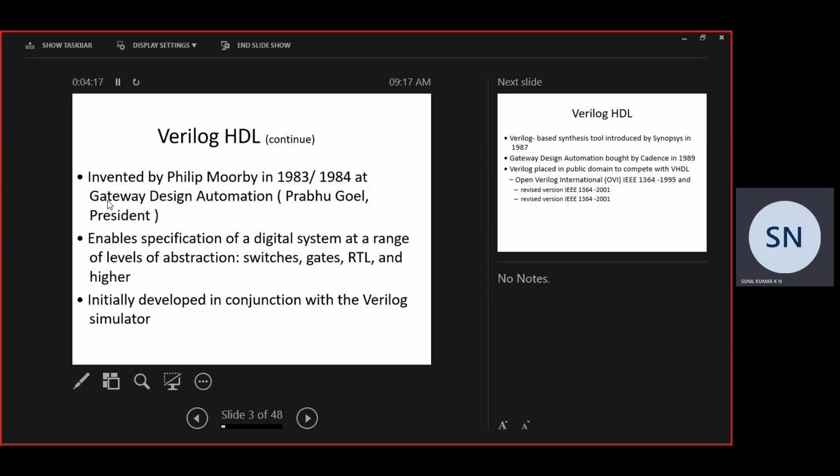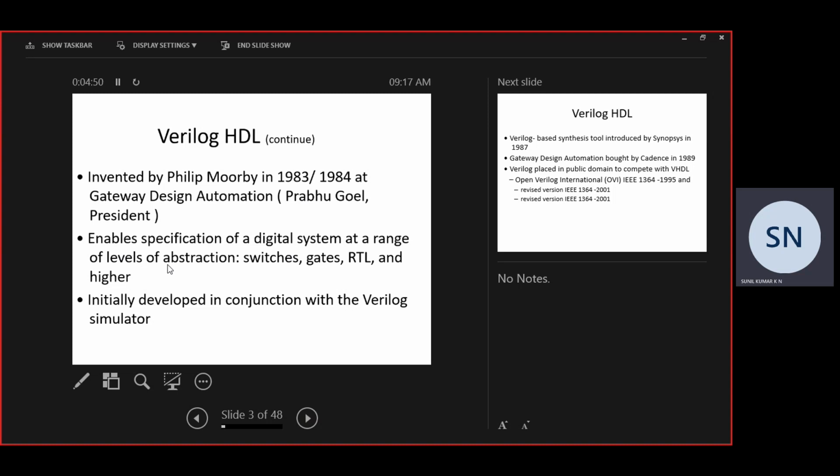It was at Gateway Design Automation, a company, where Phil Moorby started thinking and developing a language suitable for describing hardware, which enables specification of digital systems at a range of different levels of abstraction. The purpose of Verilog was very clear: it was to support different levels of abstraction, from the basic transistor level up to the higher level.